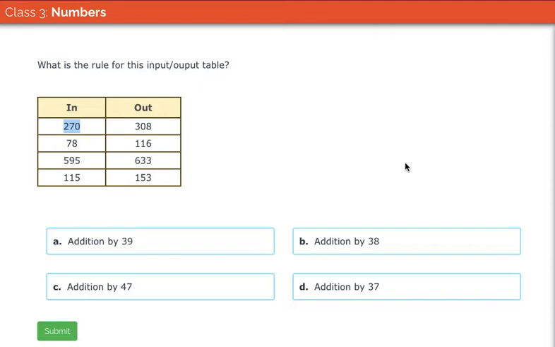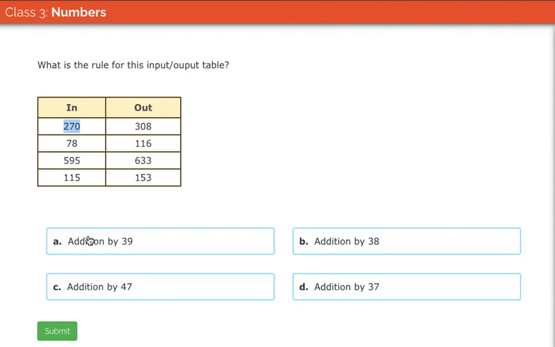So 270 plus 30 is 300 plus 8, 308. Now 78 plus 38. Well, let's add 78 plus 30, 108. 108 plus 8, 116. Now 595 plus 38.